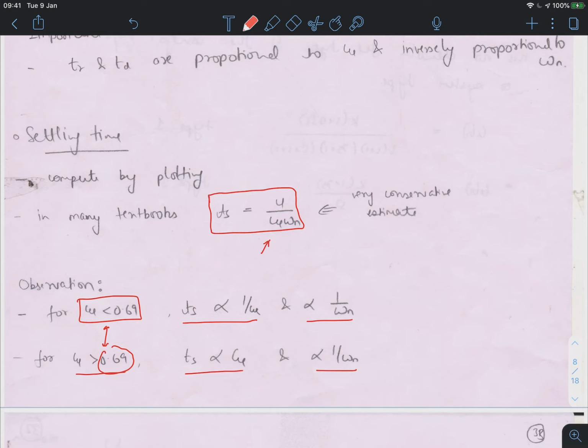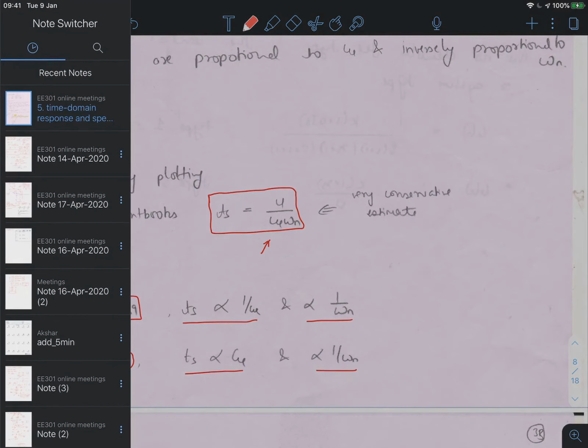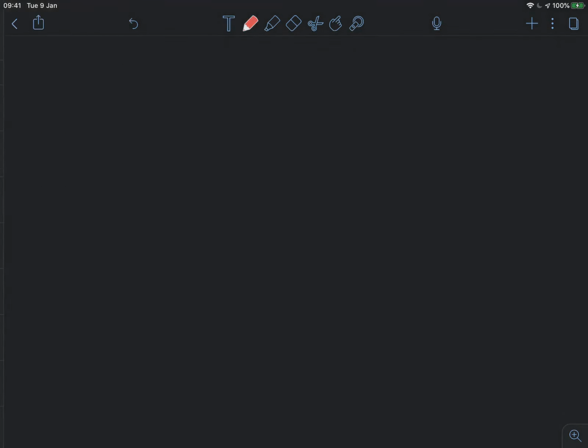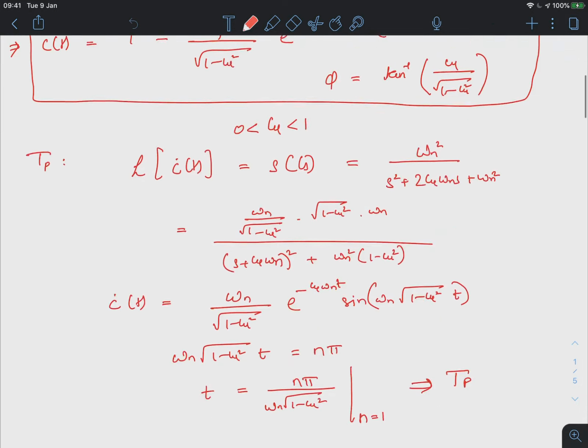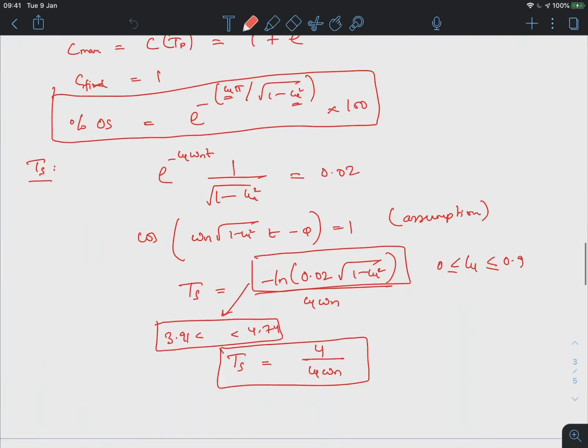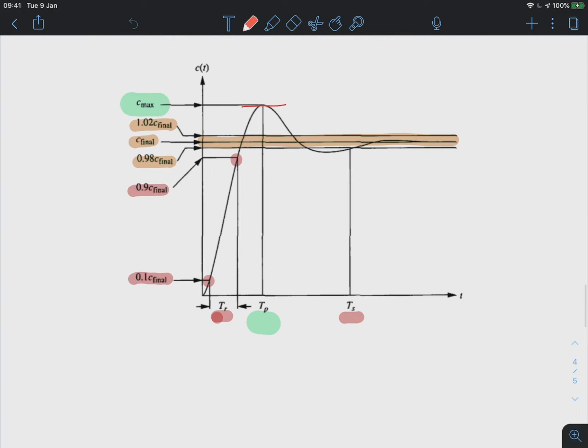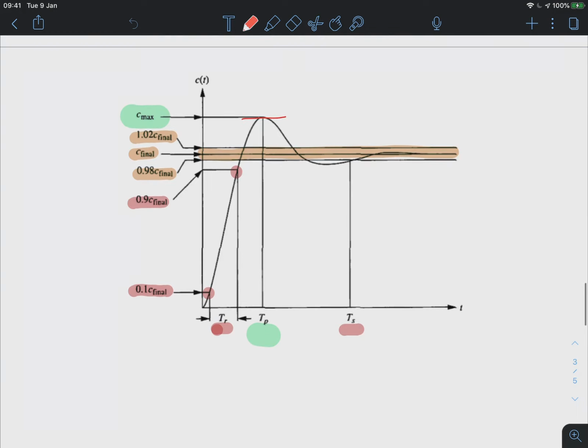In a similar way, for the settling time we have defined some window. If you recall, for settling time, basically we have defined this window, where we have 0 point plus minus 2% around the steady state value. But this is not a fixed rule, right?